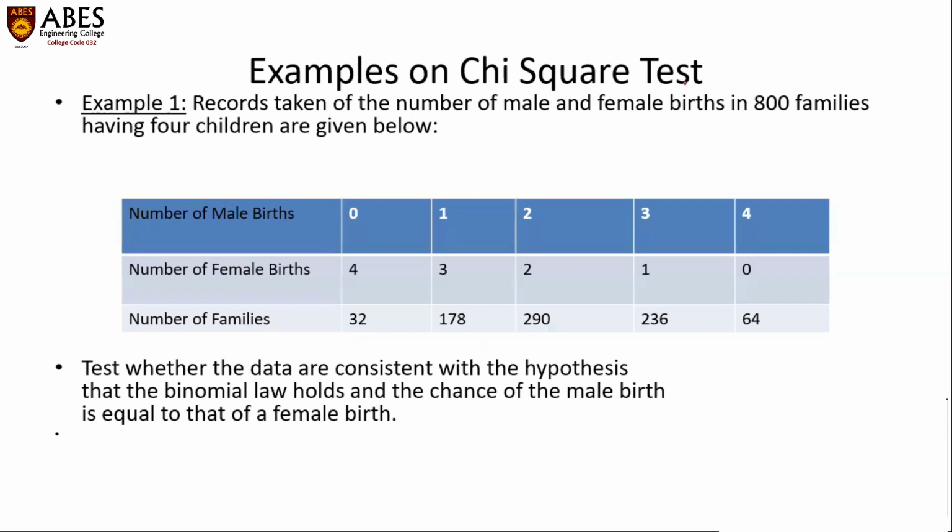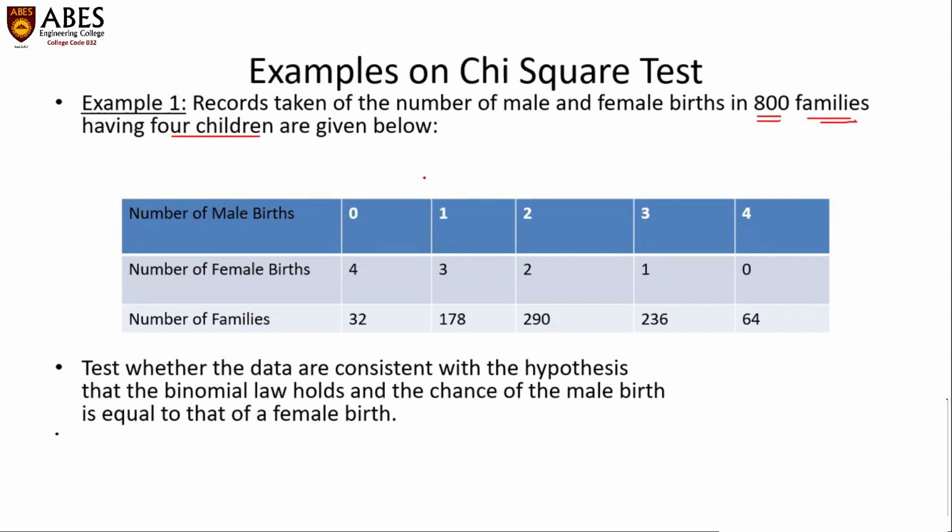Now let us move towards the examples of chi-square test where we use this test for goodness of fit. As the first example, we are going to consider the records collected for number of male and female births in 800 randomly selected families having 4 children each.